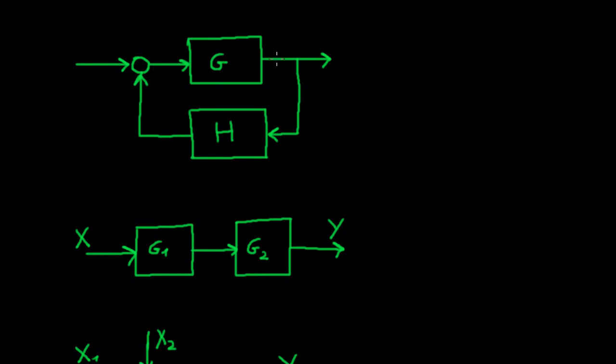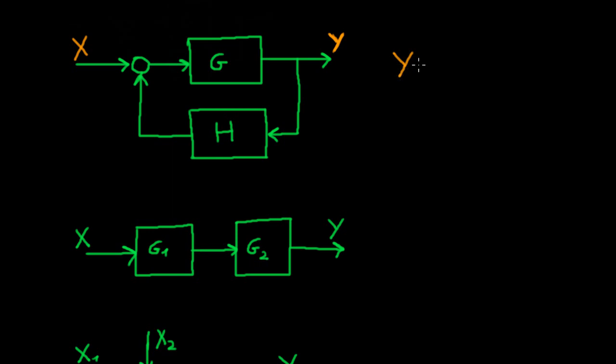In a feedback loop, the input is x, the output is y, and maybe this is the only one that tends to be remembered by heart, although I don't like that either. So let's calculate the formula.